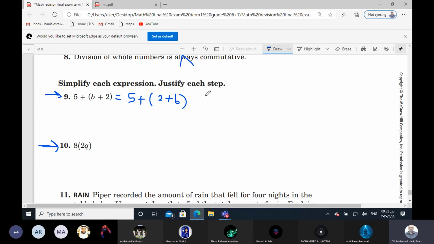The name of this property is commutative of addition. Then change the place of the parentheses. So we can write between parentheses 5 plus 2, plus 3. So the name here will be associative of addition.